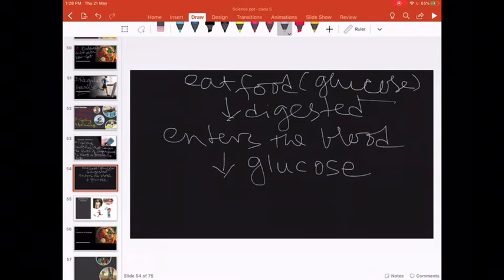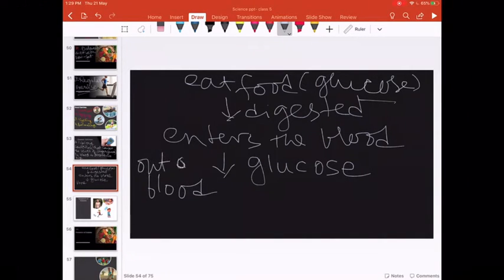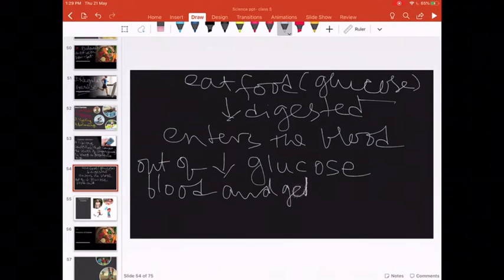What happens to the glucose of the food? The glucose comes out of the blood and gets into cells, because glucose is responsible for producing energy in our body.